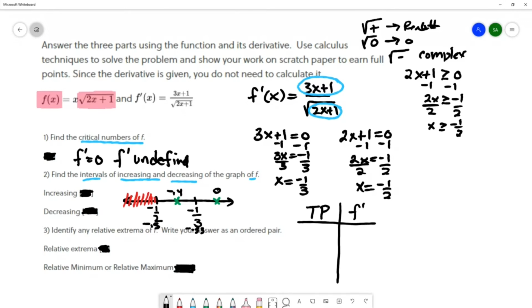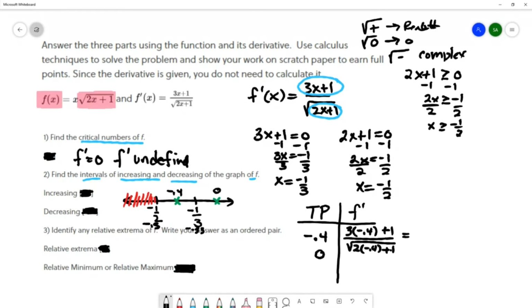So we're going to take those test points of negative 0.4 as well as 0 and substitute them into the derivative. We have 3 times negative 0.4 plus 1 over the square root of 2 times negative 0.4 plus 1.